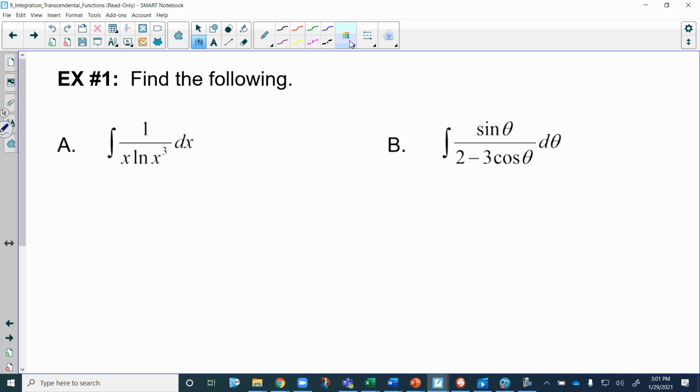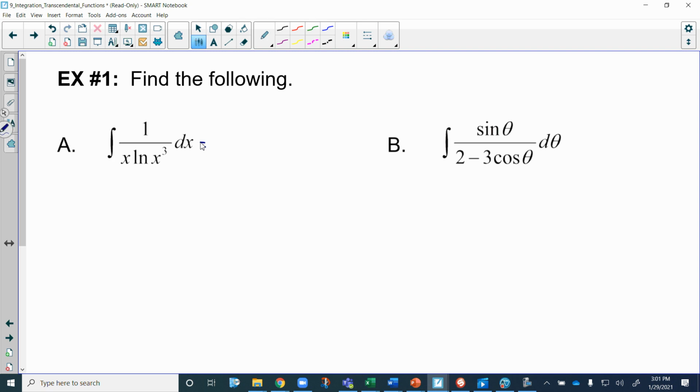Okay, so we are going to look at using U substitution for a lot of these problems, and as we've seen in other integration techniques or even derivative techniques when it comes to logarithms, it's going to be beneficial to rewrite the logarithm.